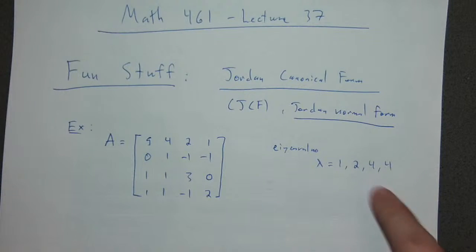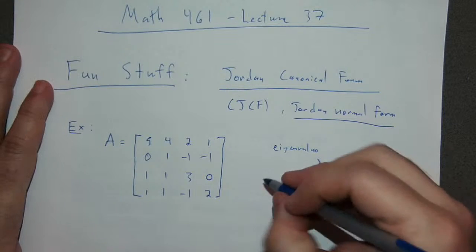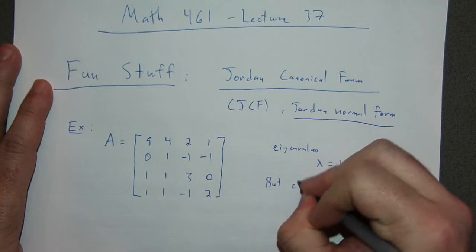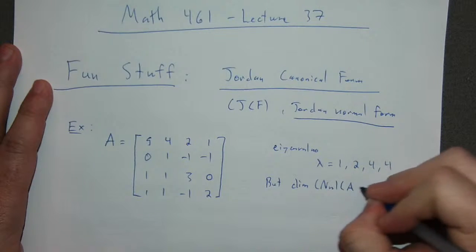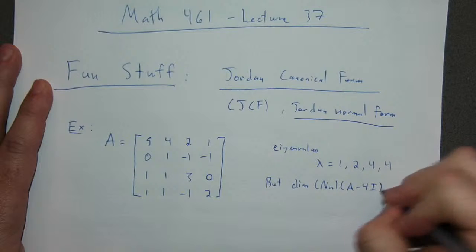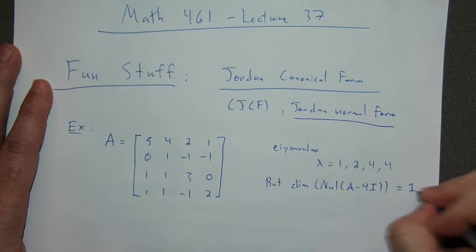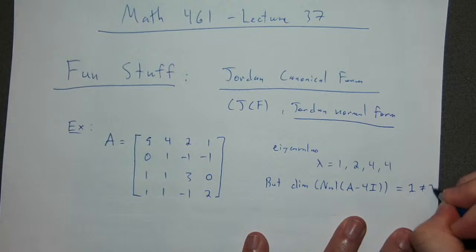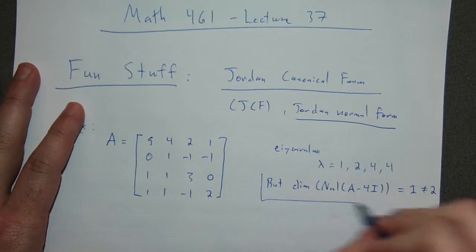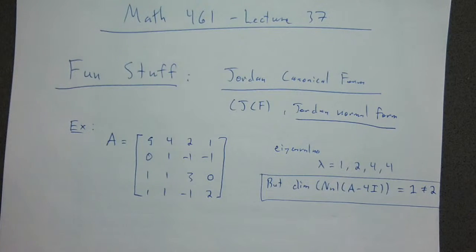So 4 has algebraic multiplicity 2, but the dimension of the null space of A minus 4I is 1, right? Which is not 2. What does that mean? I'll give you a little bit in chat to tell me what this means.